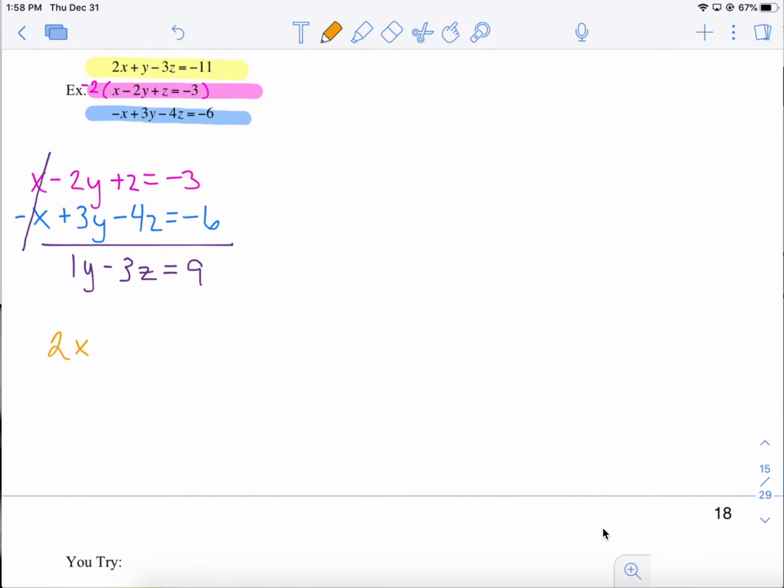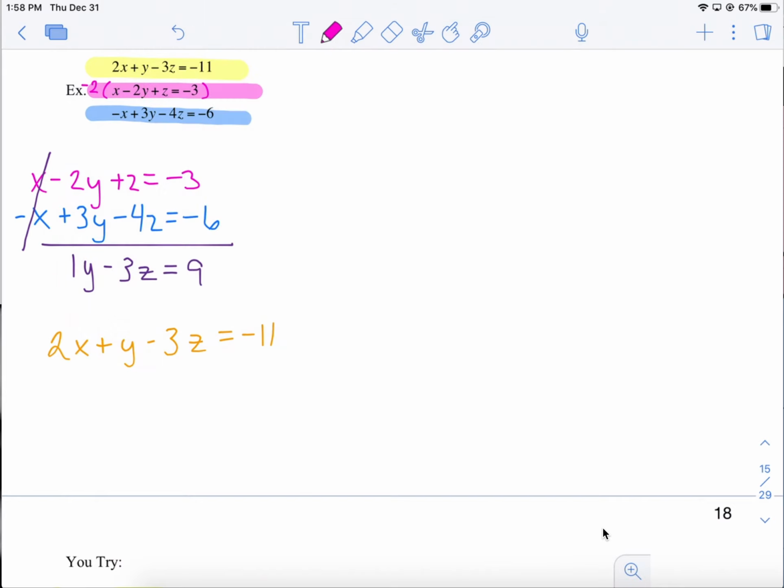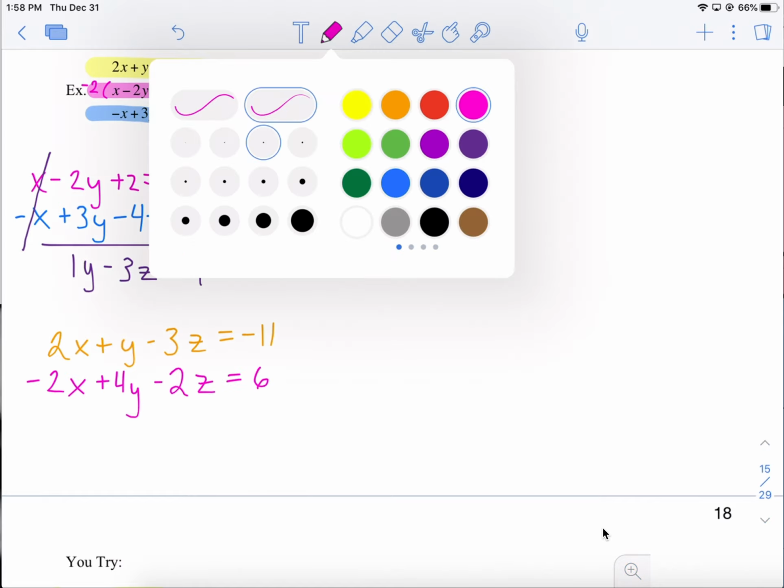So 2x plus y minus 3z equals negative 11. Again, that's a z. And my pink equation got multiplied by a negative 2. So we're looking at negative 2x plus 4y minus 2z equals 6.